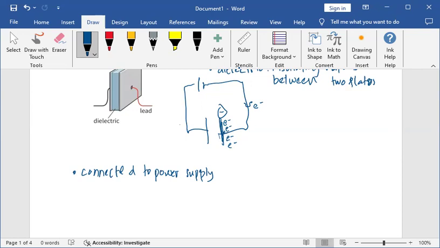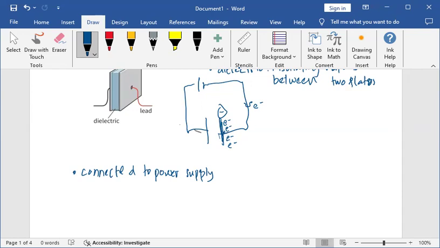And then the electrons in the other plate, electron yang ada di sini, are repelled by these electrons. Yeah, we know that like a magnet, the same form akan repel.